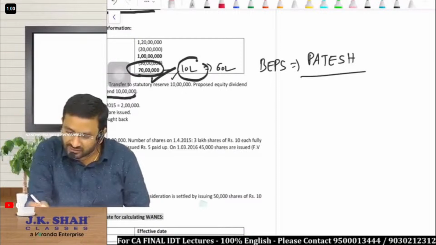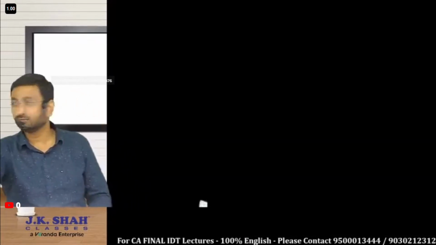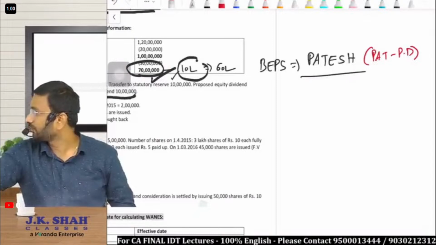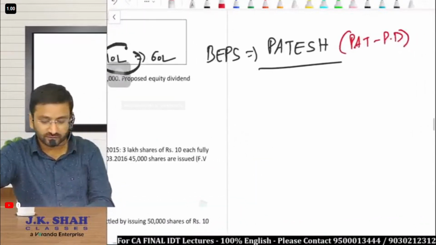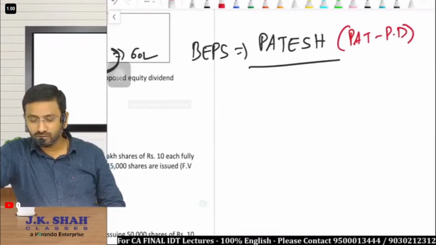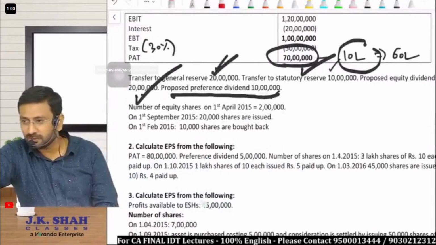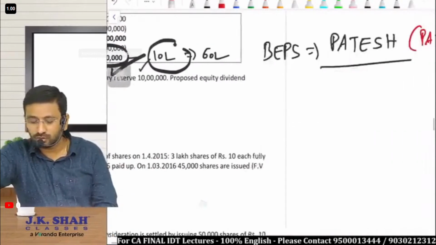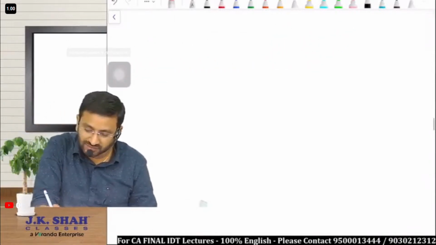How do you calculate this? PAT minus preference dividend. Correct? So how much will you take now? In this question, PAT is 70, preference dividend is 10. So the numerator is going to be 60. So profit available to equity shareholders will be 60.